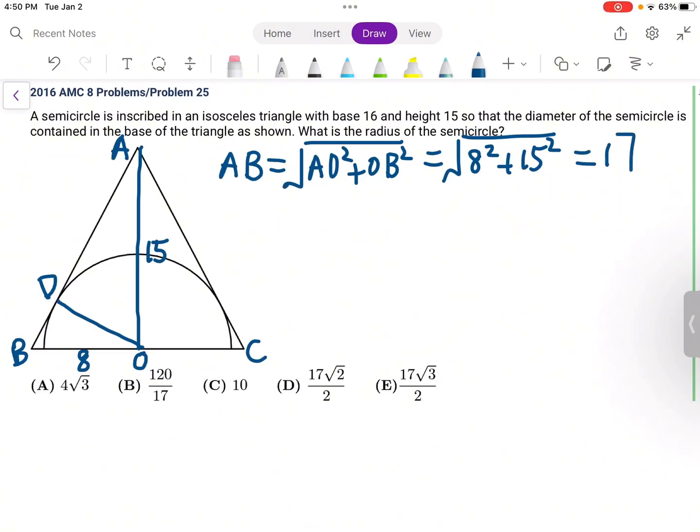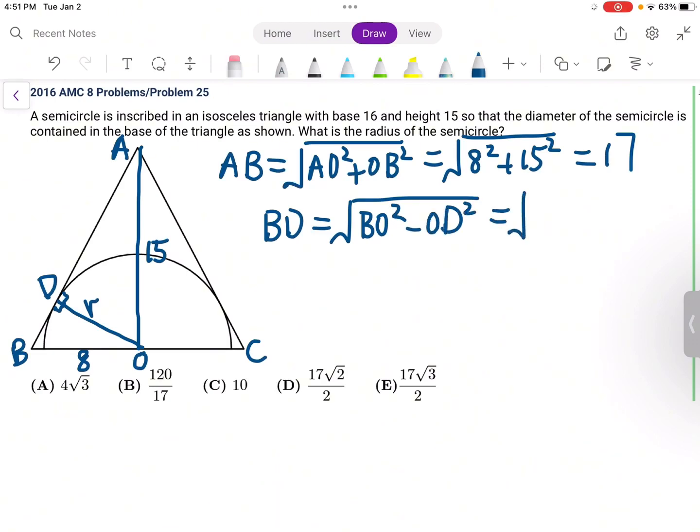Now let's assume OD's length is R. We know that OD is perpendicular to AB, so these angles are right angles. Because BDO and ADO are right angles, BD equals the square root of BO square subtract OD square, which equals the square root of 8 square subtract R square.